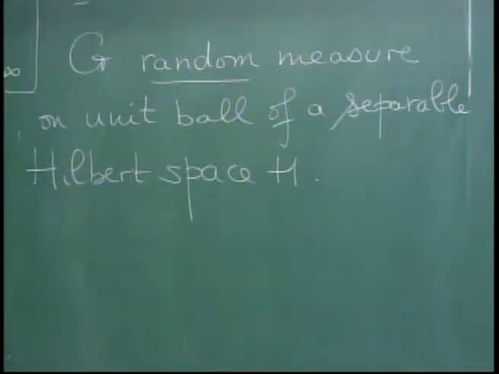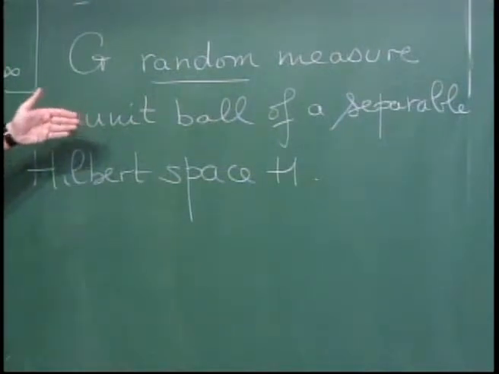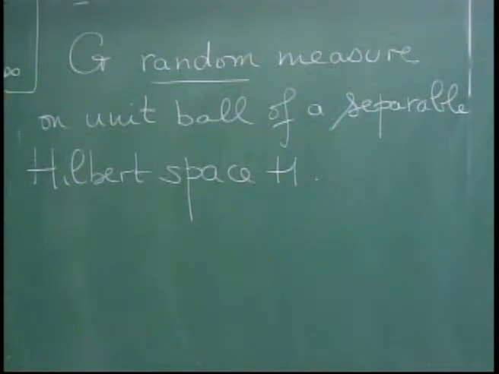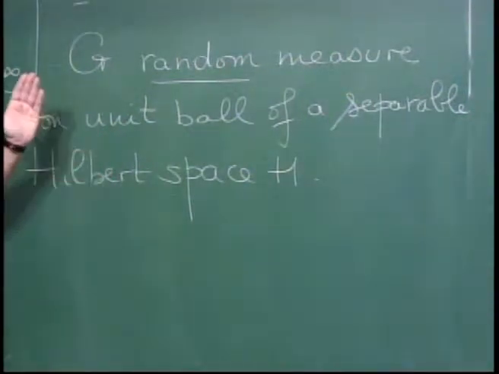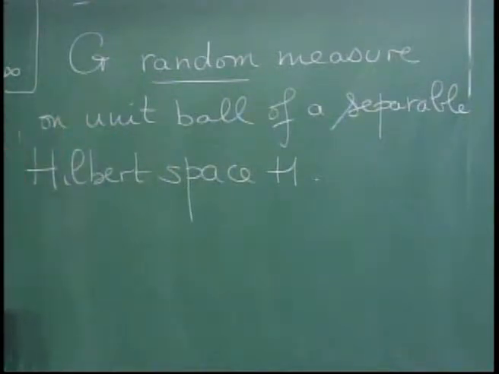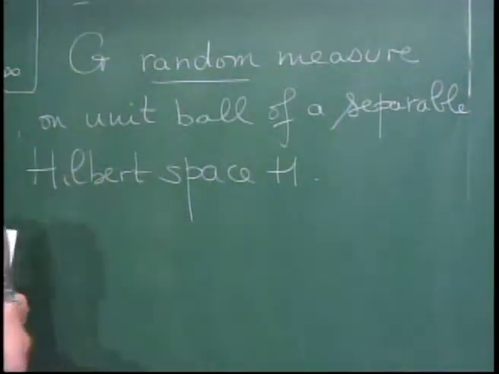Okay? So that's what we get, right? From the Dovbysh-Sudakov theorem, we know that any limit point of our arrays will be given, at least out of the diagonal, by a random measure G on the unit ball of little L2. Right? So we have this.